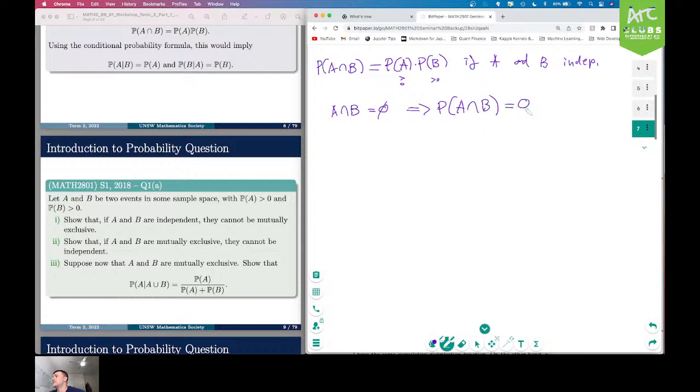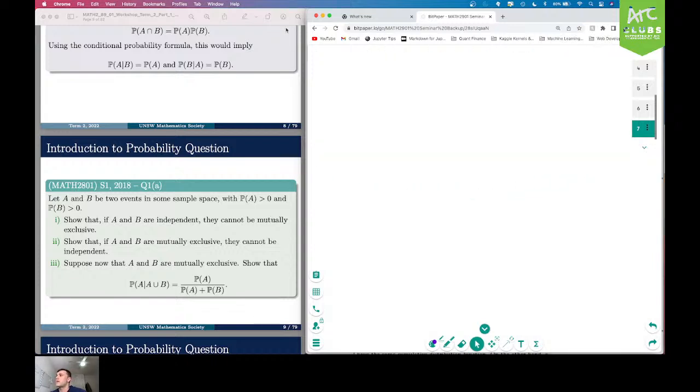There's like a 0% chance of it happening. And so we're going to have 0 equal to something greater than 0, which of course is false. Because this right-hand side is greater than 0 and this left-hand side is 0, it can never happen. So if A and B are independent, they can't be mutually exclusive.